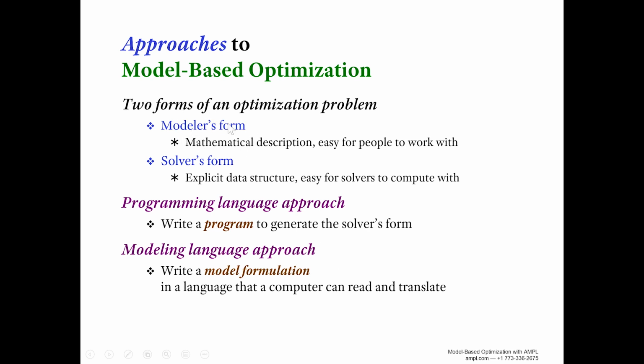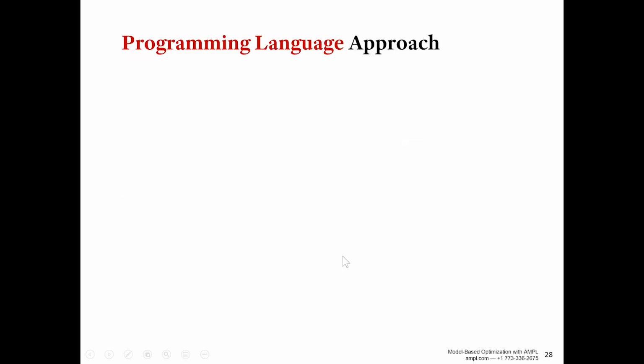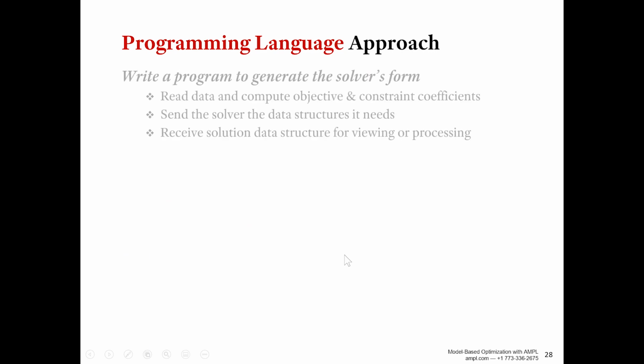In other words, write a modeler's form in a computer language, and then have a computer program translate it to the solver's form. Here you write the program to go from modelers to solvers. And here we have a standard program, which will turn out to be AMPL, that takes a model formulation that you've transcribed into computer language and does all the translating itself. And so I can briefly compare these.